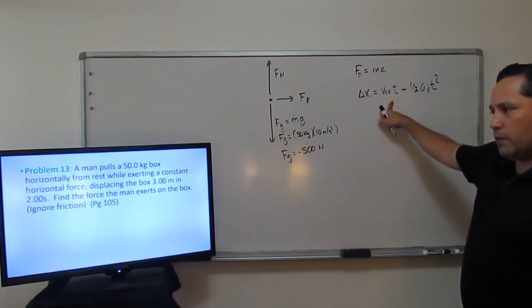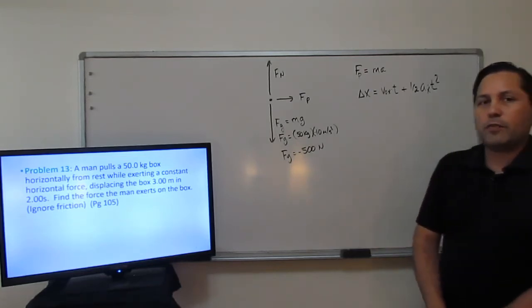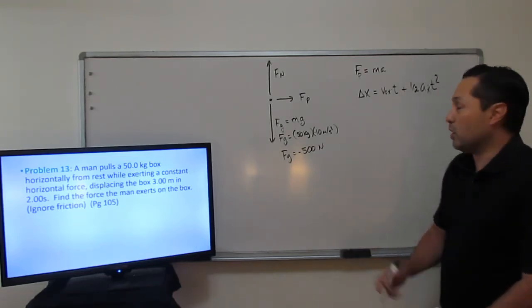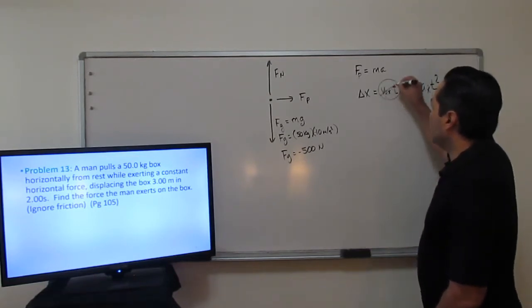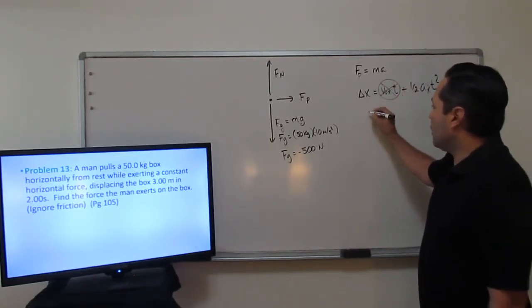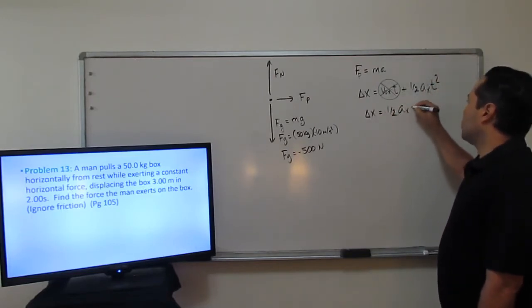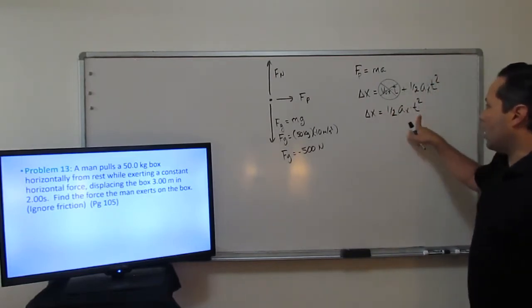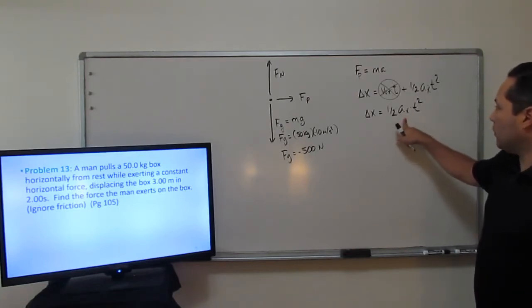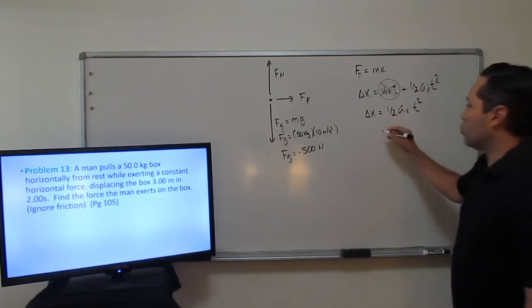It does not say if we start from rest, but we're going to go ahead and assume that we're starting from rest. So I'm going to cancel this out. Now we have displacement equal to 1/2 acceleration times time squared. Now I'm looking for the acceleration, so I'm going to simplify it, get rid of the half, get rid of the t. So I'm going to multiply both sides by 2.